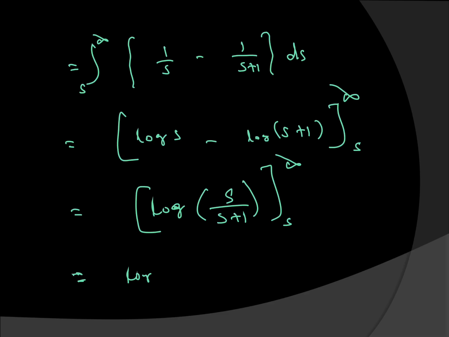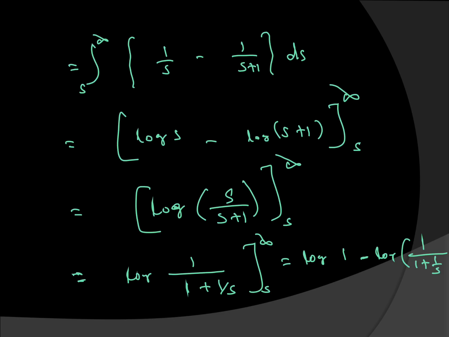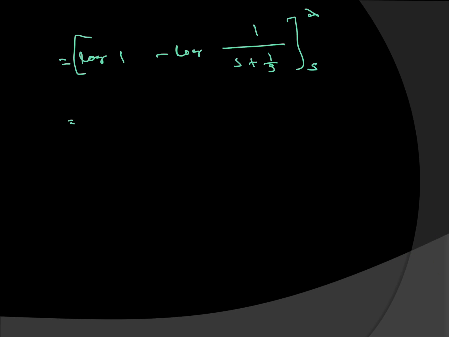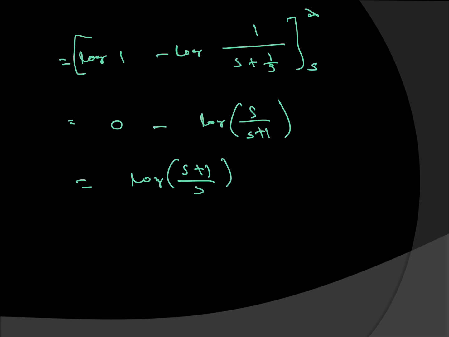Log s divided by 1 plus 1 by s to infinity. Again you will get log 1 minus log 1 by 1 plus 1 by s. Here limit you have to put s to infinity. Then you will get 0 minus log s by s plus 1. So finally you can write s plus 1 by s. This is your answer.